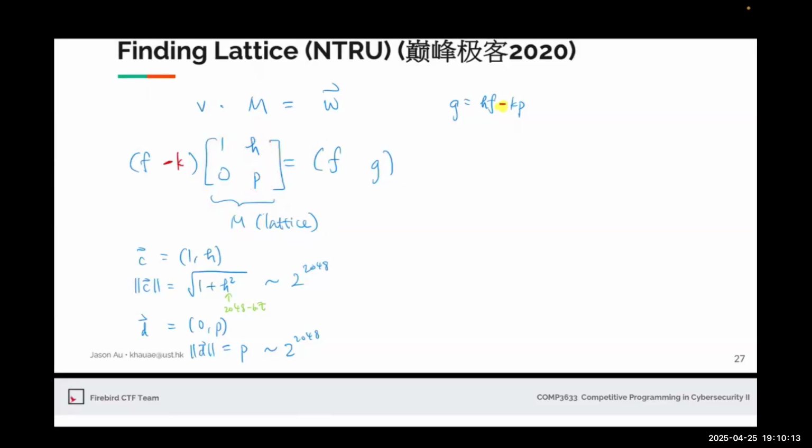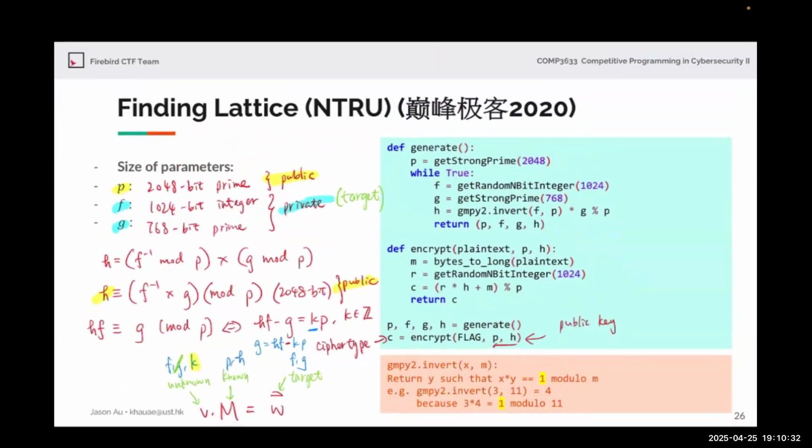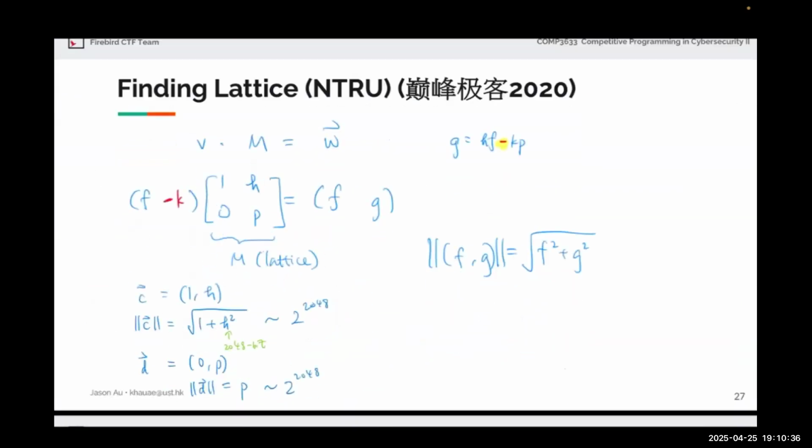How about F and G? This is the basis vector from the public key, because H and P are from the public key. So for the private key, F and G, the norm is the square root of F squared plus G squared. And the sizes of F and G are 1024 and 768 bits.